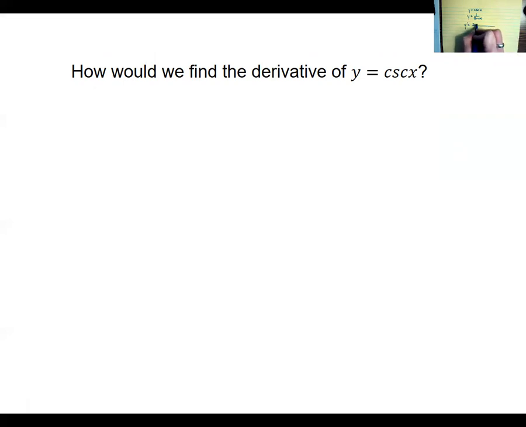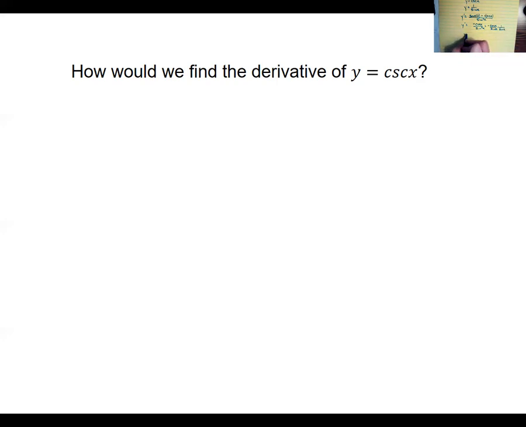So low d high, it's going to be 0, minus high d low, all over the square of what's below. So it looks like I simplified to a negative cosine over sine squared. Well, that's not real pretty. Now, what do I have inside of here? There's a cosine and a sine, and then there's an extra sine on the bottom in the denominator.